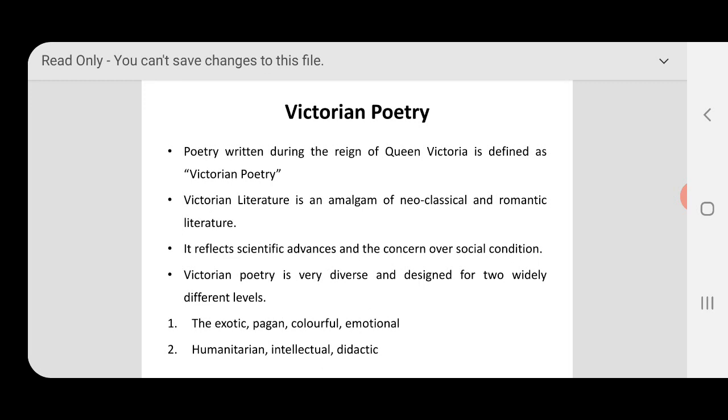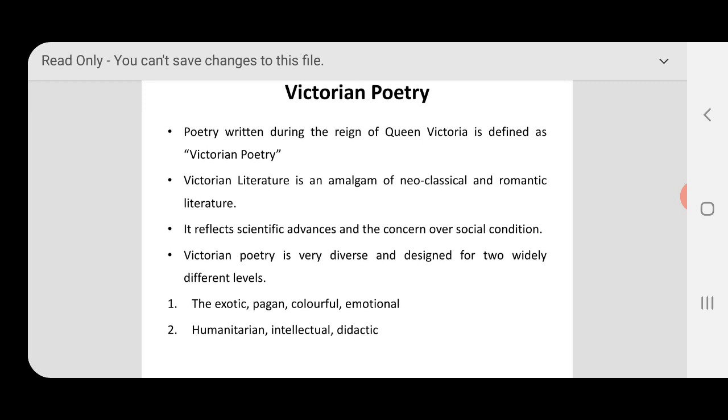And the literature of this period reflects scientific advances and concern over social conditions. Victorian poetry is very colorful. It is full of emotions, humanitarian elements are there, and it is didactic and intellectual.